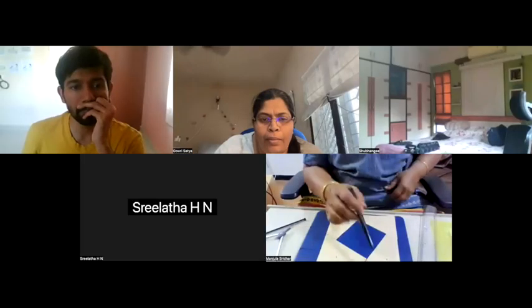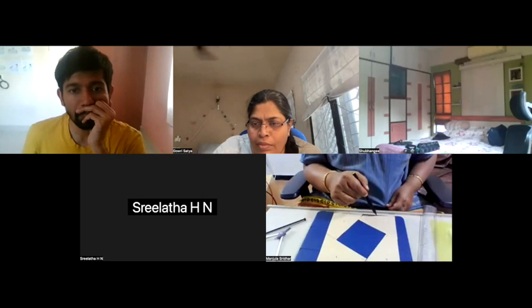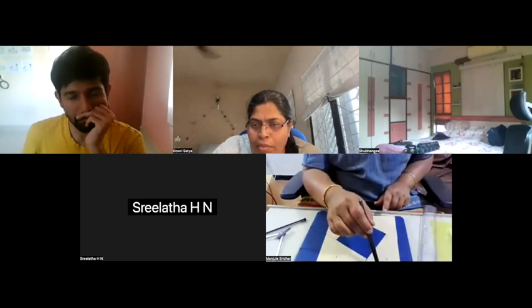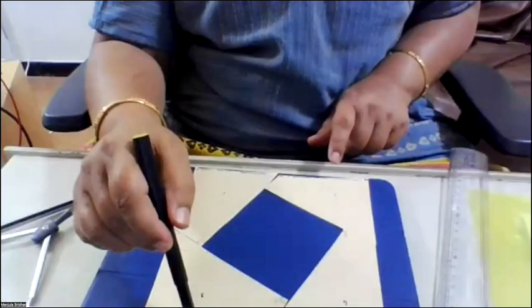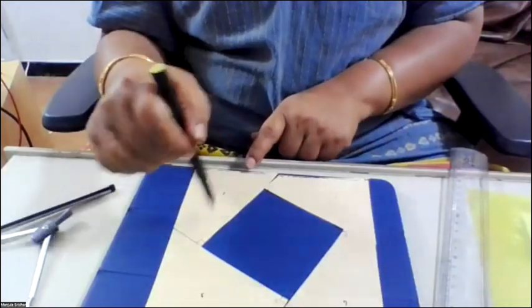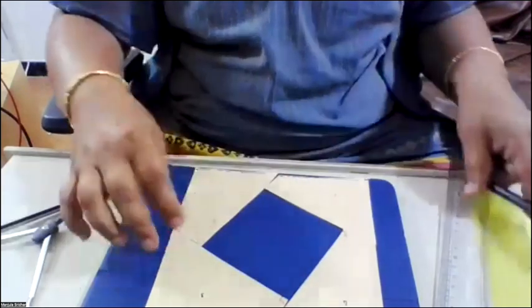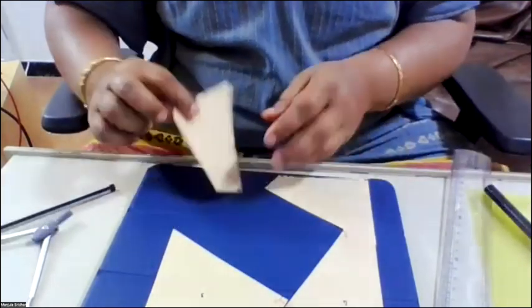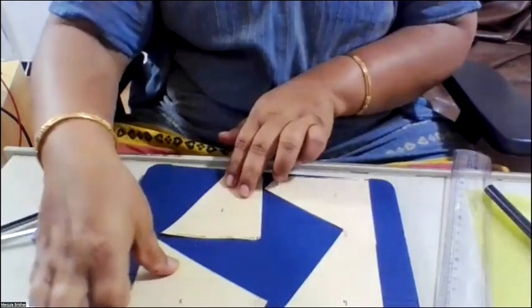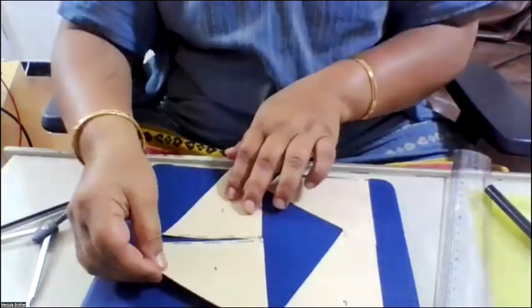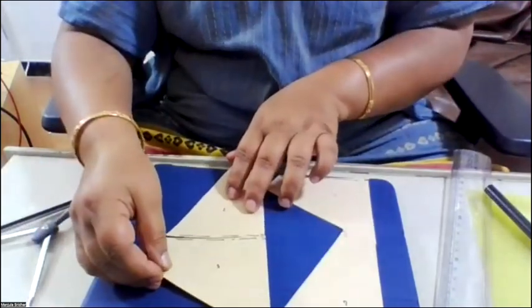Yeah, wait, I'll just try it out. Can you see this? See that common line only I did. These two are the common sides in the center, and these two are the common lines of these 2 and 3. I've named them 1, 2, 3, 4. If I keep it like this, this is a common side.